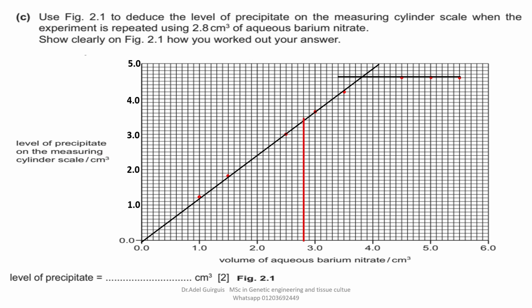Look, 2.8 here. Using your ruler, draw this line up to touch the graph, and then horizontally to touch the y-axis. Read the y-axis now: 3.4. So when the student uses 2.8 cubic centimeter of aqueous barium nitrate, we obtain 3.4 cubic centimeter of precipitate.